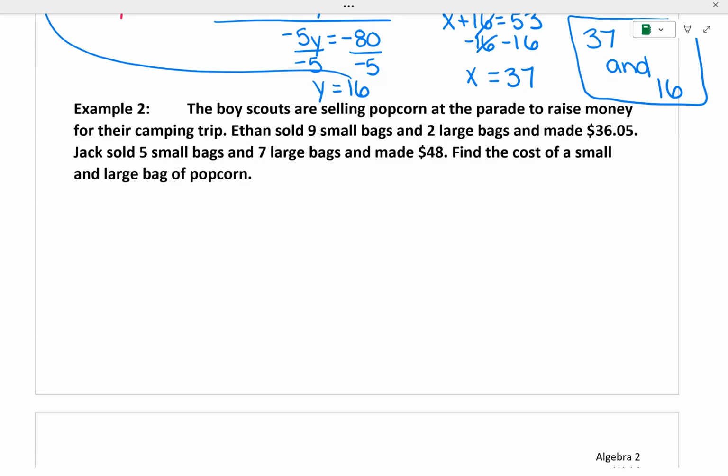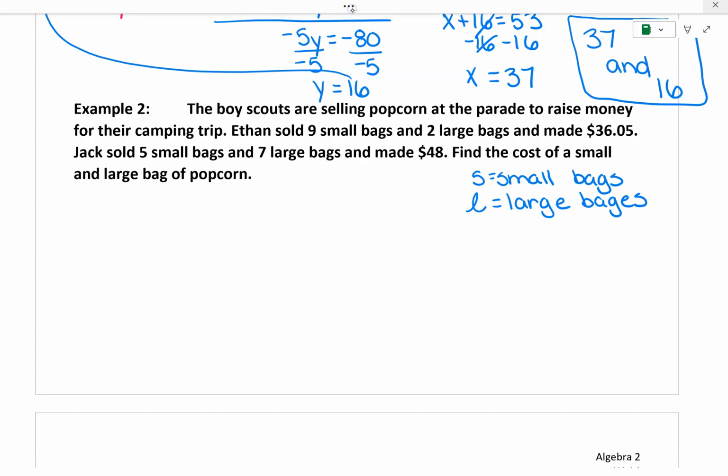So think about what we have going on. We have small bags of popcorn, and then we have large bags of popcorn. So this is kind of like the one I mentioned above when we have 2 rates of change.